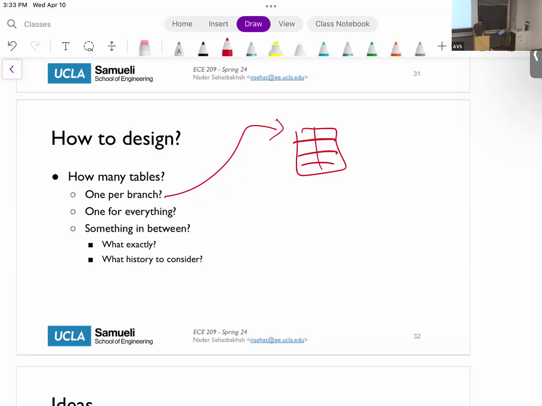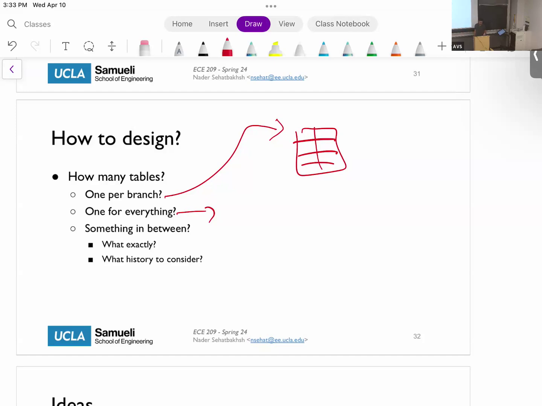On the other extreme, you can have just 1 table for all the branches. Whenever you see a conditional branch, you go and see what was the last thing that we did for any other branch, and use that for the prediction, okay? So one extreme is one separate table for every branch, and the other extreme is just one table for all the branches.